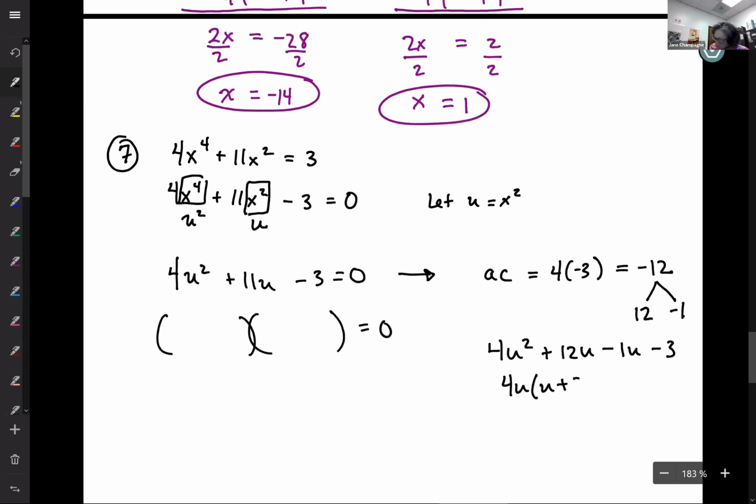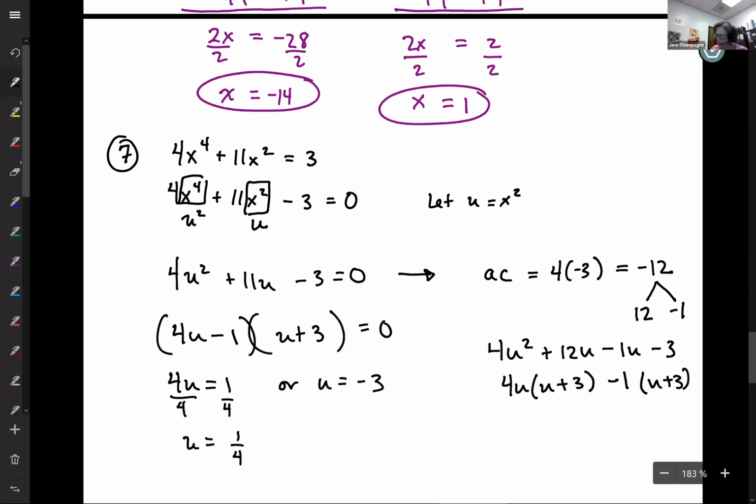We're left with u plus 3. And we can factor out a negative 1 and left with u plus 3. So the factors are 4u minus 1 and u plus 3. And you can check it here if you want. So 4u equals 1, or u equals negative 3 when you set them equal to 0. Dividing by 4, we get u equals 1/4.